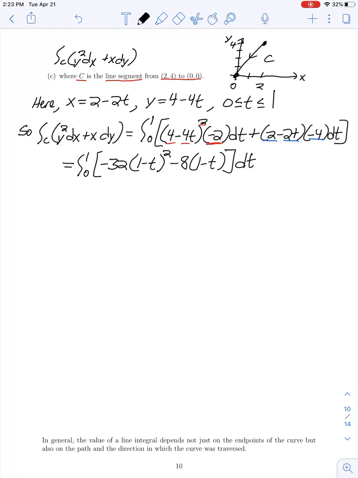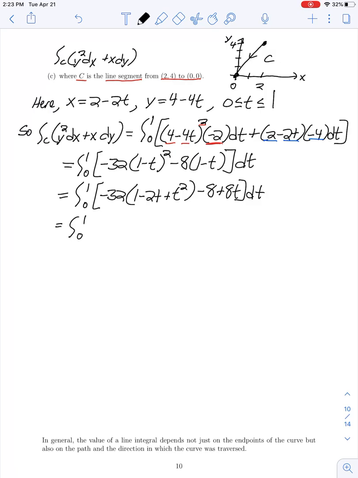So let's see what we get. We could factor out a (1 - t) from each term, but in either case, I think we'll eventually have to expand to integrate. So the integral from 0 to 1 of -32 times, when we expand this, we have 1 minus 2t plus t squared. And then distributing the -8, we have -8 plus 8t, dt.